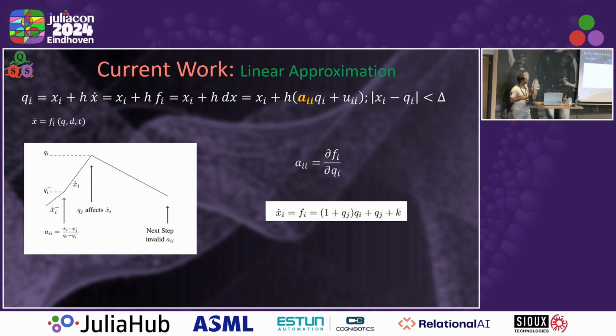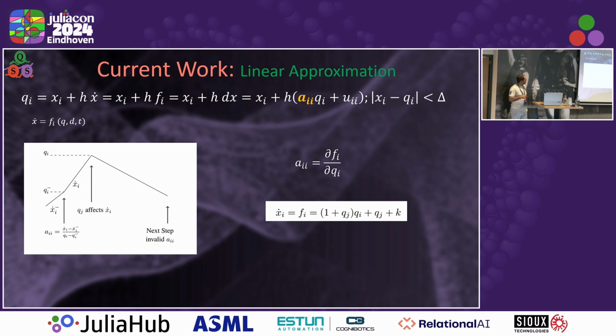First, the improvement is the linear approximation. They used to calculate the Jacobian entries in a manual way. So as the simulation runs, they will update the entries using the old values of the derivatives.